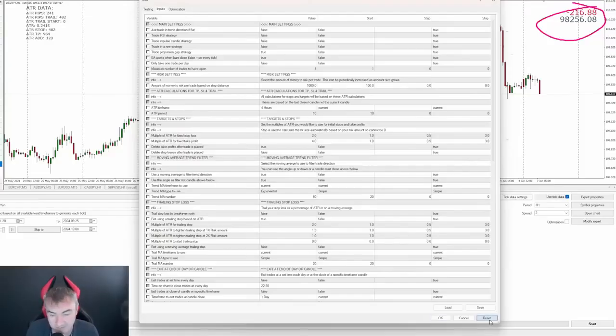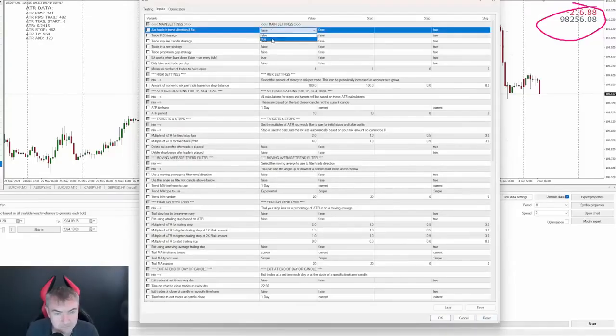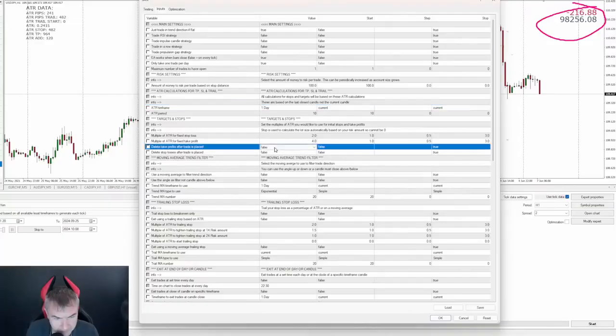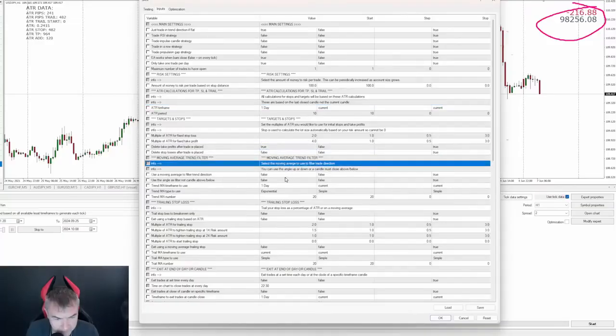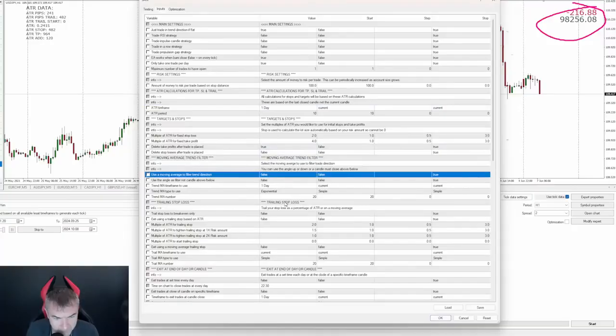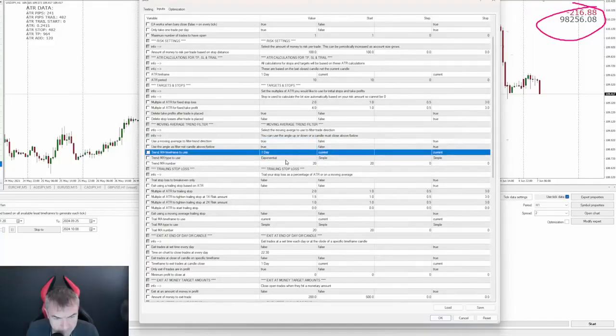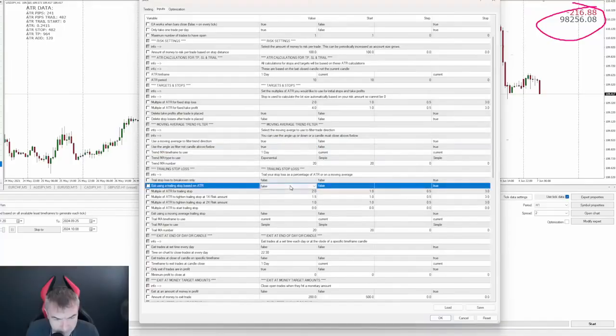Yeah. Let me just reset this a minute. One trade a day, and I want to use a moving average filter and ATR stop.